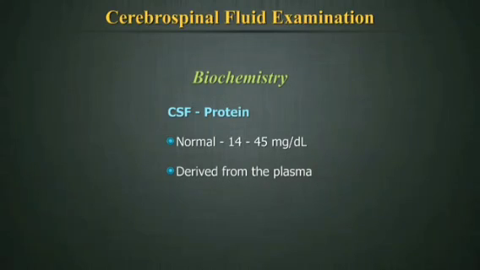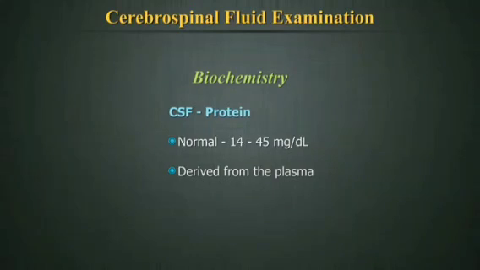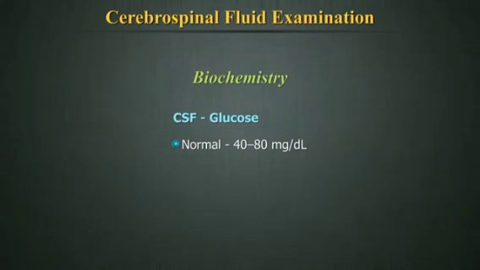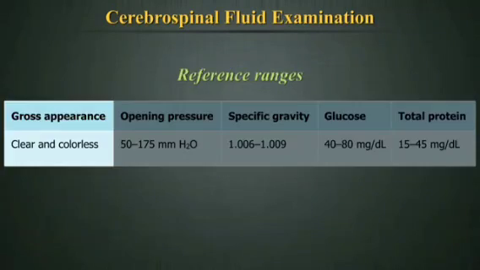It is derived from the plasma. Note that this result is in milligrams per deciliter rather than grams per deciliter, as it is in serum protein determination. Normal CSF glucose is 40 to 80 milligrams per deciliter.